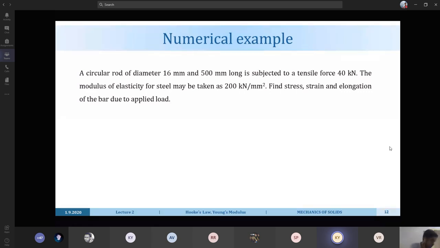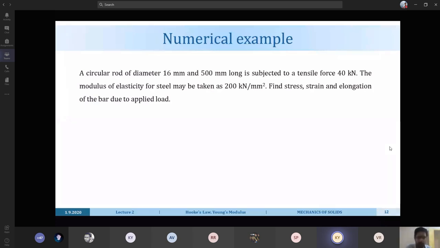What about the elongation? Strain is equal to del L by L. 7.95 into 500, into 10 power minus 3. So elongation 3.975. Unit? Yes, sir.